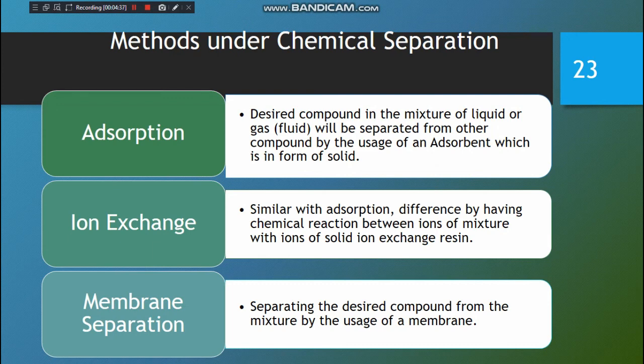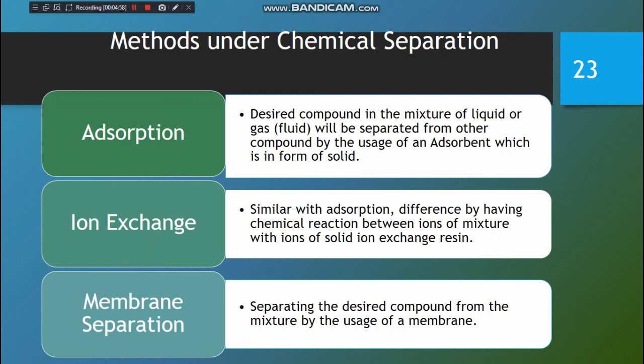And the last method under chemical separation is membrane separation. Membrane separation is separating the desired compound from a mixture by the usage of a membrane.